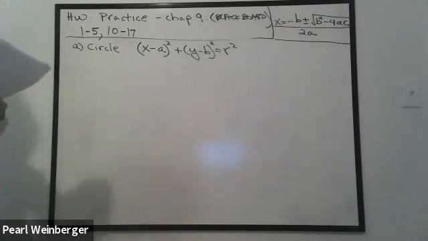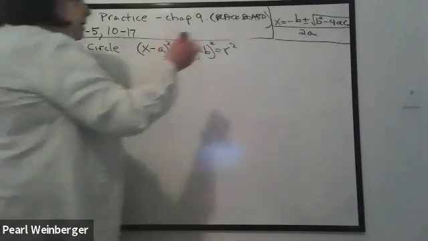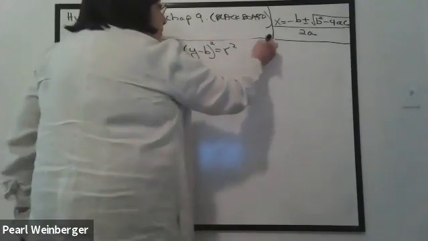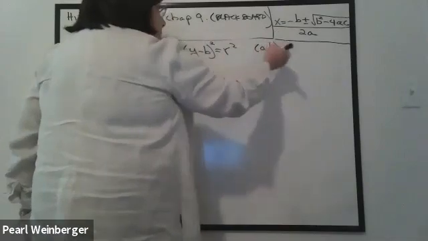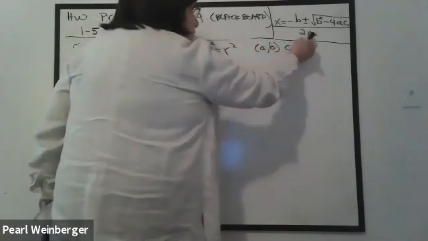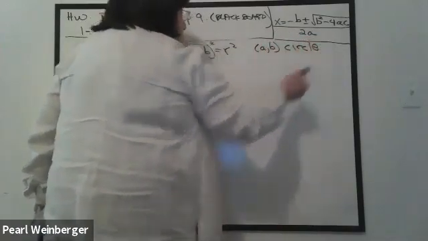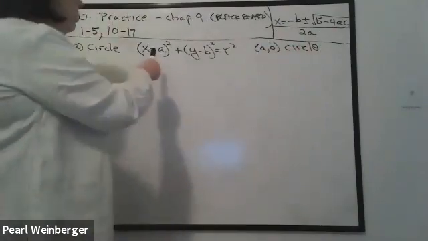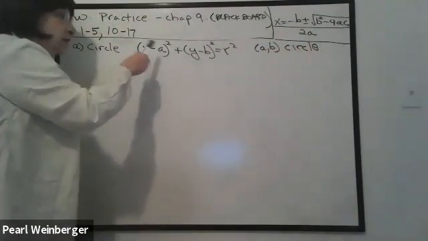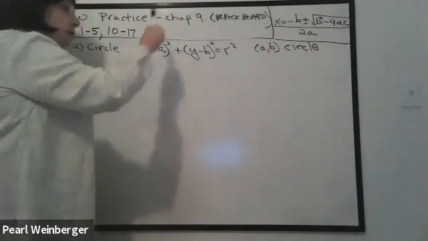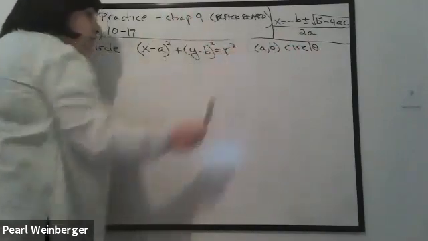And the a and the b are the coordinates of the center of the circle. In other words, I look at the numbers that are inside the parentheses with the x, that'll give me the a of the center.